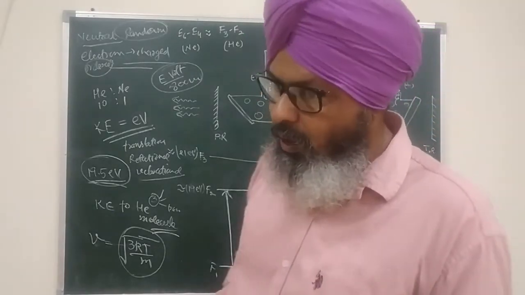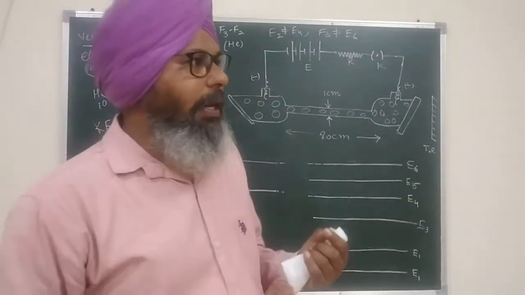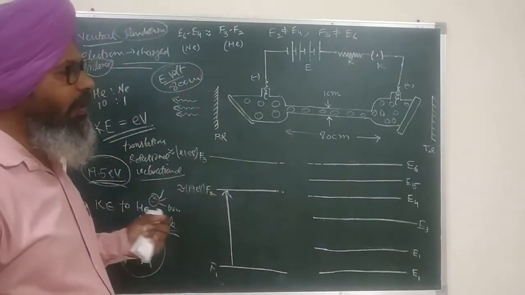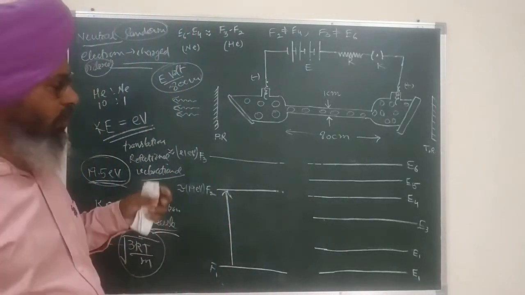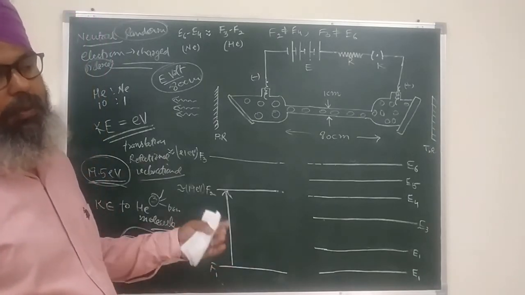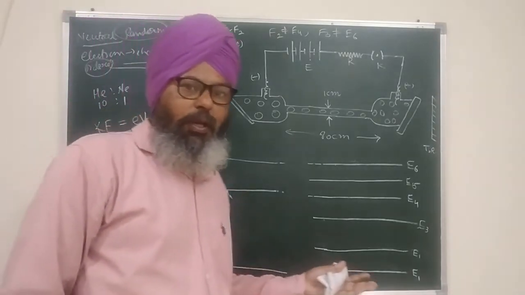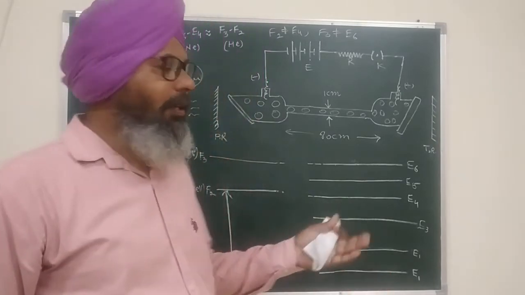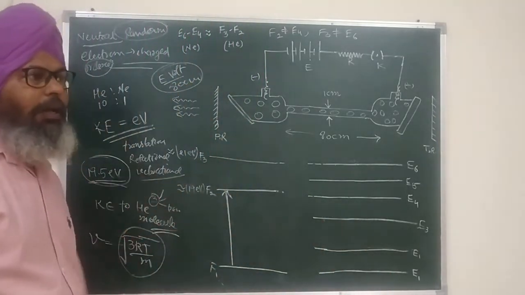The simple answer is that the molecules which are traveling with their root mean square velocity are in the state F1, and any molecule which is traveling with a speed greater than the RMS speed is either in F2 or in F3.